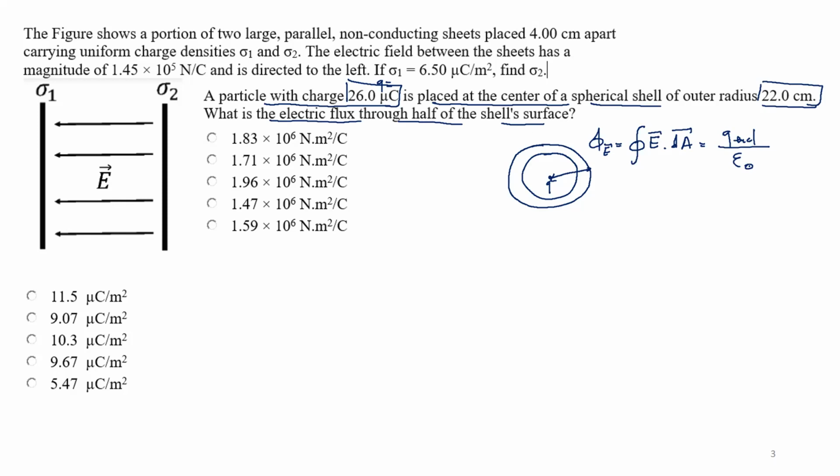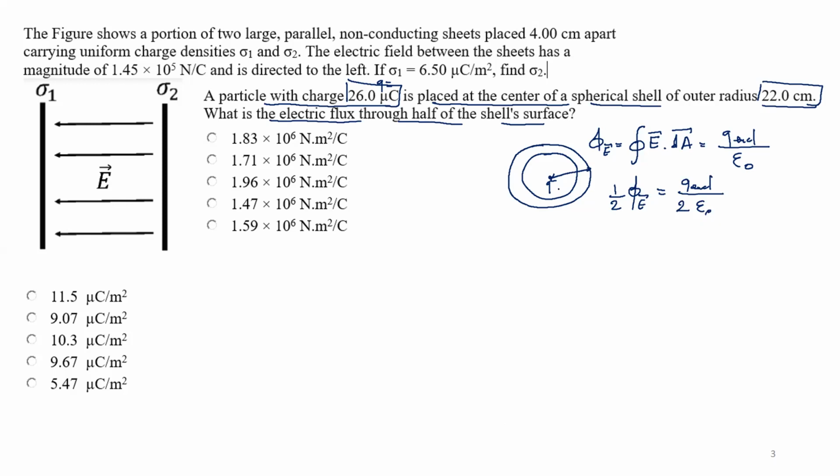But again, this is the flux through the whole shell. Here, what I want is the flux through half of the shell. So basically, I want half of this electric flux. So that means I need just the charge enclosed divided by half multiplied by epsilon naught.